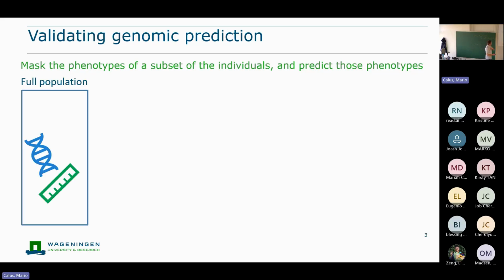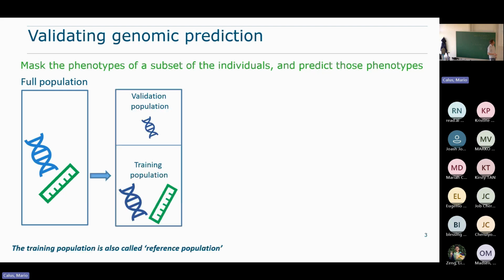So if we have a full population, this could be our reference population with genotypes and phenotypes, and then we split this population in at least 2, it can be multiple partitions. Part of the split is used for training the models, where we use the phenotypes and the genotypes. And for the other part, we only use the genotypes and try to predict their breeding values or phenotypes using the inferences from the training population.